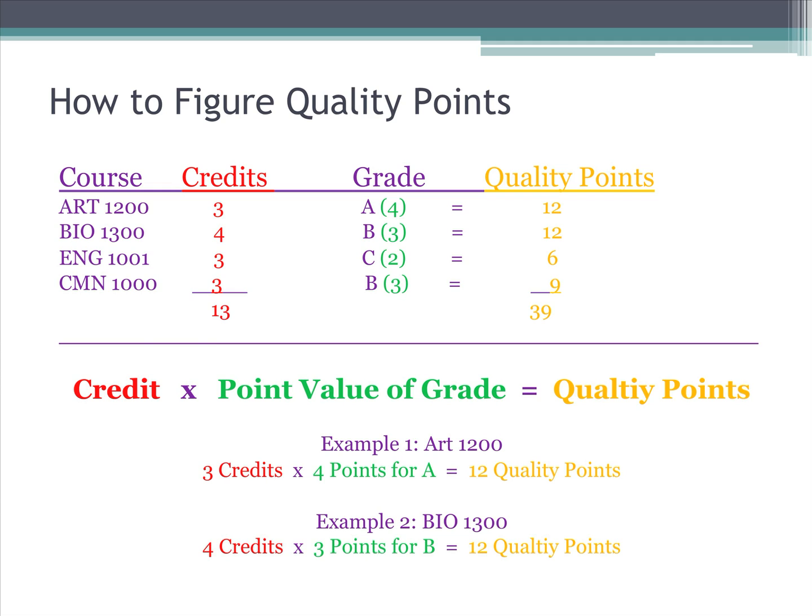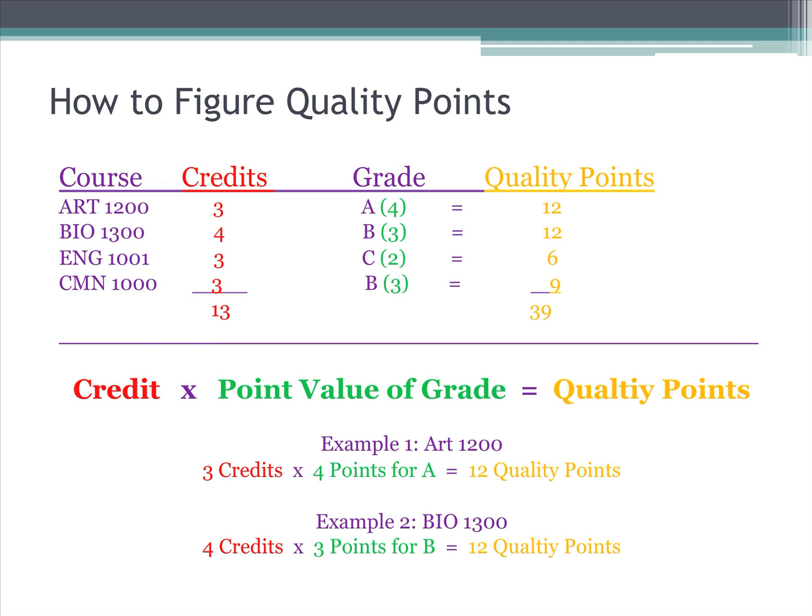Quality points are one of the 2 figures needed to calculate your GPA. To figure your quality points, you need to have the following information. 1, your course grade, and 2, the credit value of the course. For example, look at the top half of the slide.